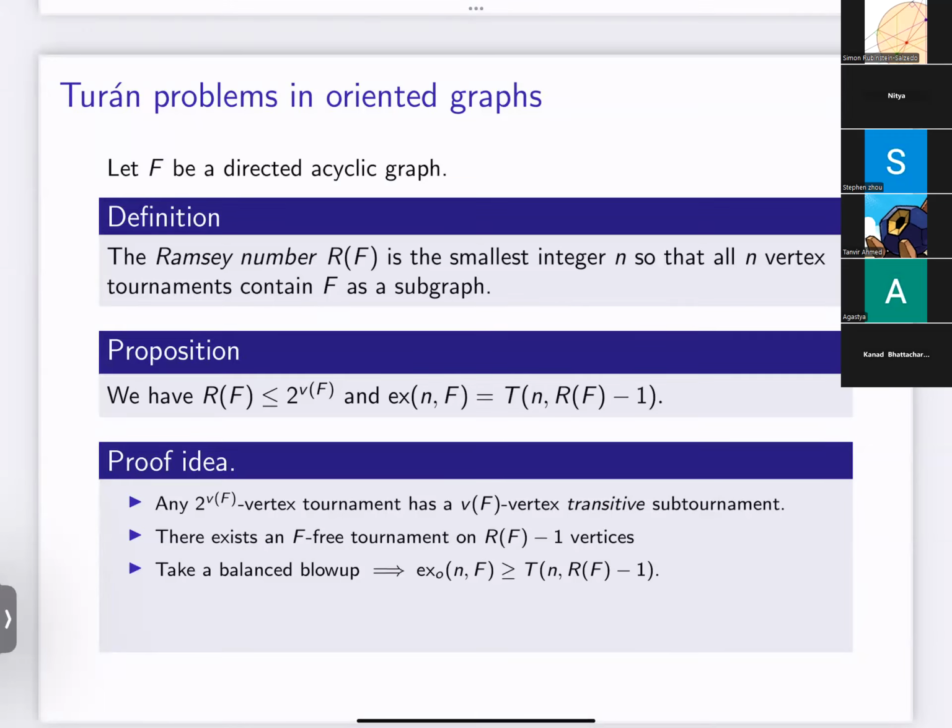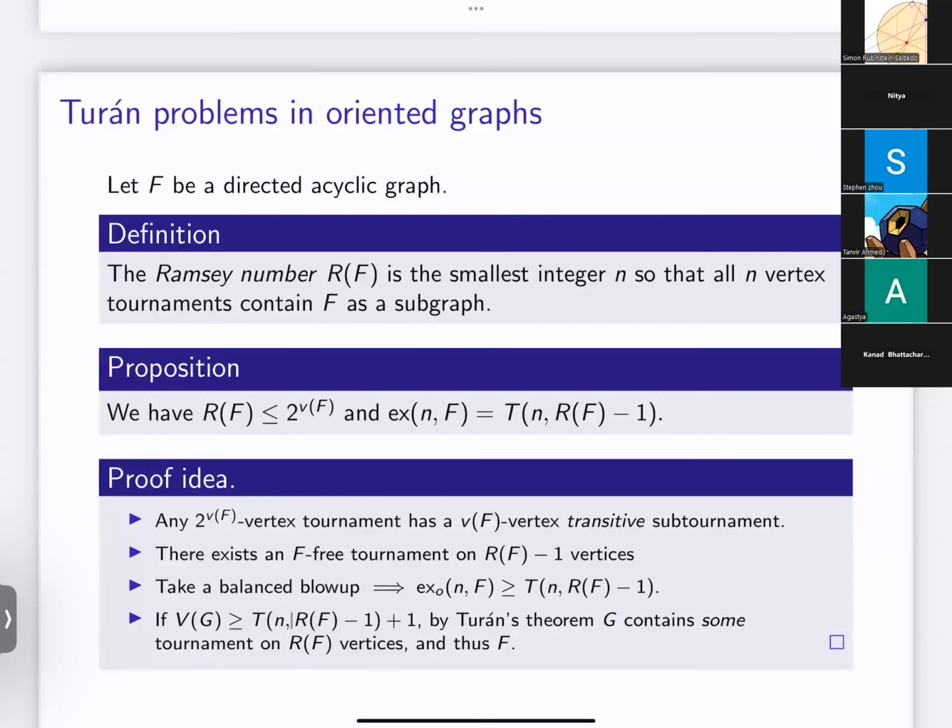I'm going to do exactly the analog here, except that I have to preserve the directions. So I'm going to take a tournament on the Ramsey number minus 1 vertices, and then I'll replace every single vertex in that graph with a clump of vertices. Now I have a bunch of clumps of vertices, and I will draw edges in a way that mirrors the original F-free tournament on the Ramsey number minus 1 vertices.